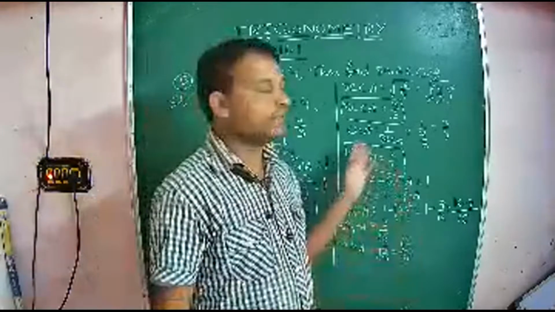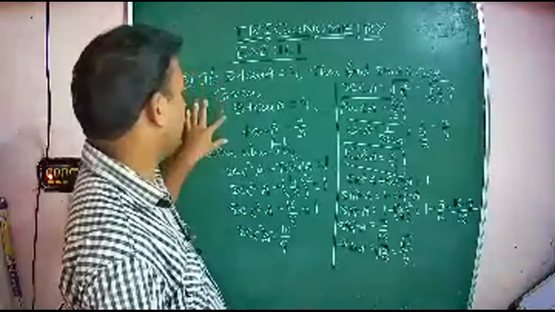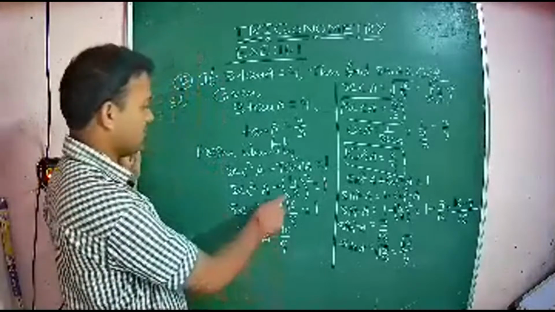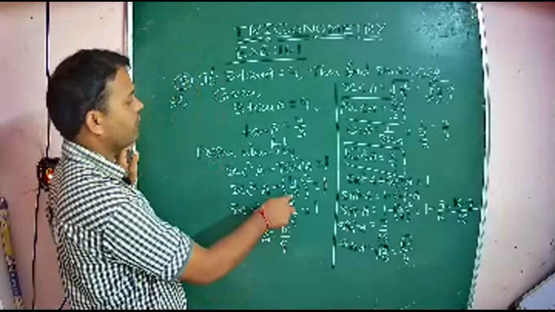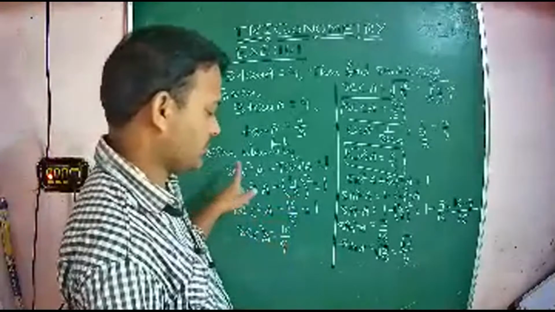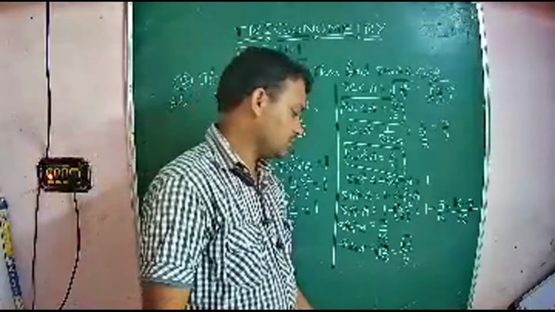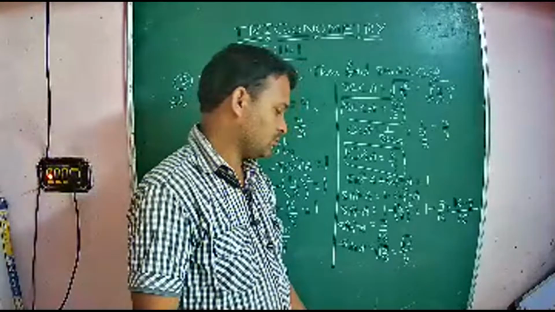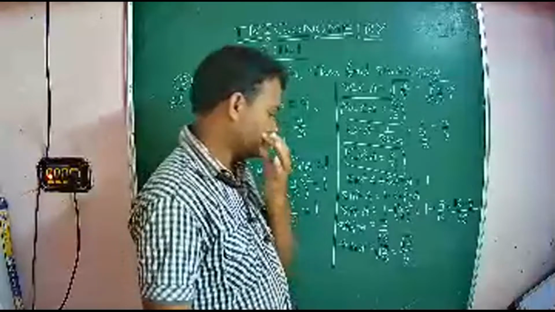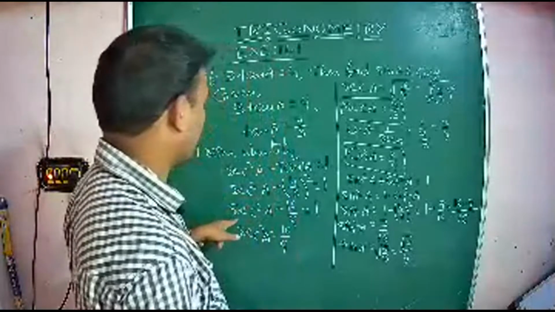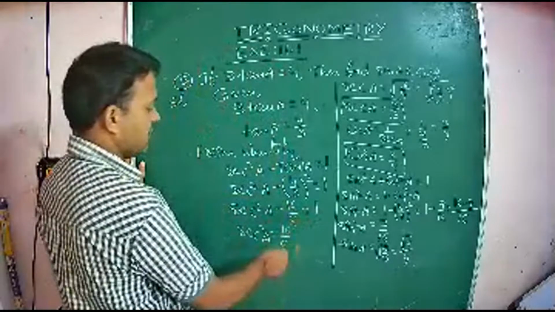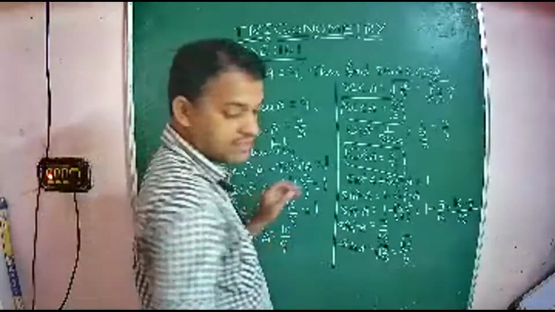Something went wrong. Tan A is 4 by 3, so secant A. After getting this, some mistake is coming.